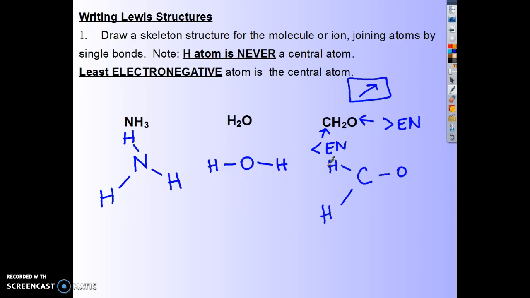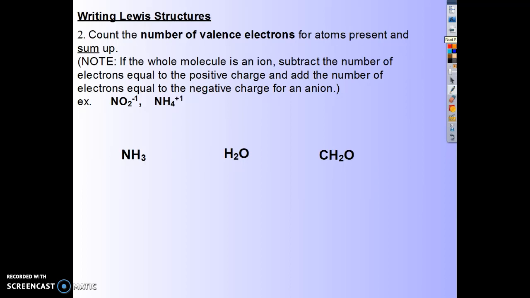Now we're going to move to the second step in drawing a Lewis structure. It says that we need to count the number of valence electrons for all of the atoms present and sum them up, or total them. We already have our skeleton structure drawn, but now let's total up all of our valence electrons. Nitrogen is in group 5A, so that means it has 5 valence electrons.